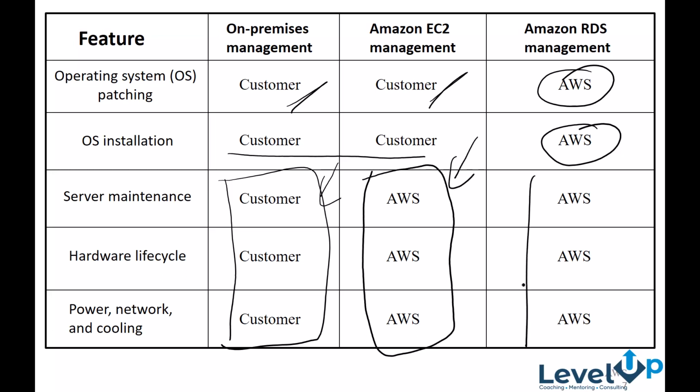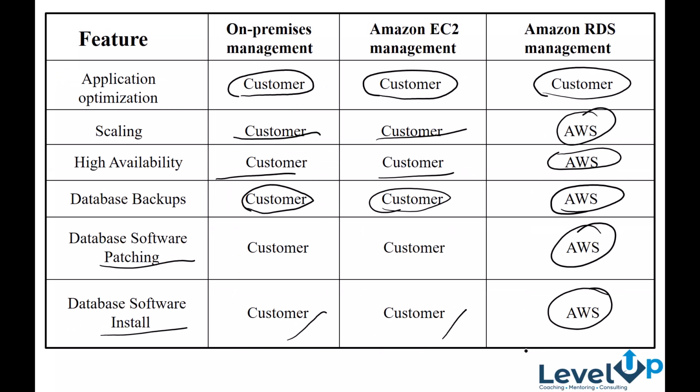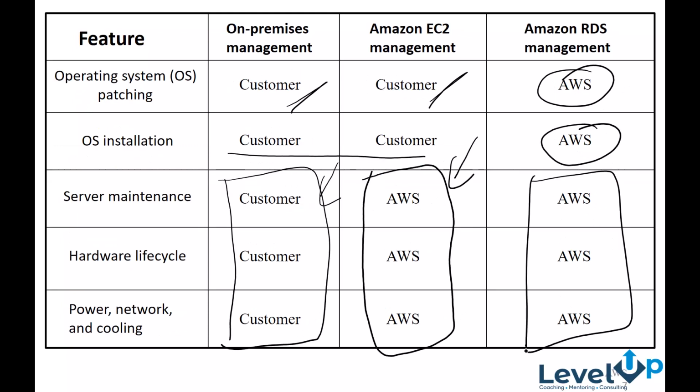If it is RDS, obviously we know that all these things are taken care of by AWS itself. So now if you look at this, if you're taking a database service, RDS from AWS, all that you need to do is optimize your application. The rest of the things are taken care of by AWS. Okay, it is so simple.